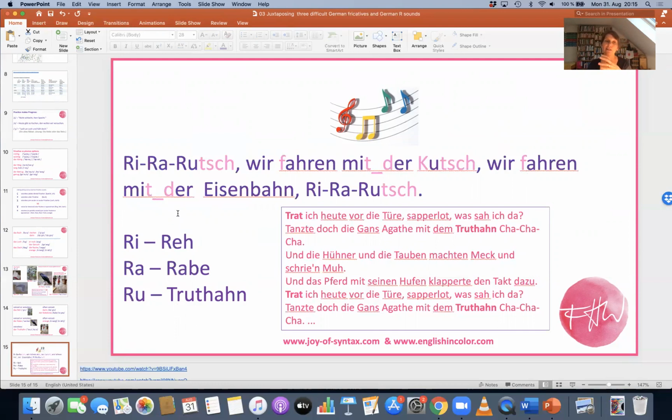So we have a song where kids actually practice pronunciation. Yeah, that's a common thing, that children's verses and rhymes and songs are opportunities for kids to not only learn words, but to also practice pronunciation.